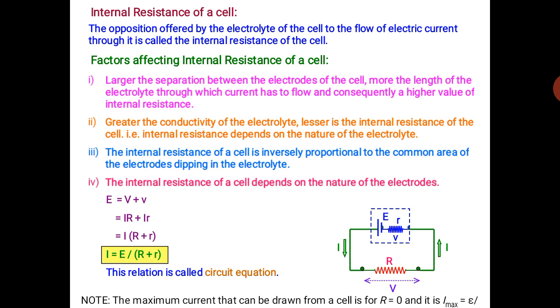And one more important point, the maximum current that can be drawn from a cell is for R equal to 0, that is short circuit. For short circuit, current drawn from the cell is maximum, and it is E divided by small r.